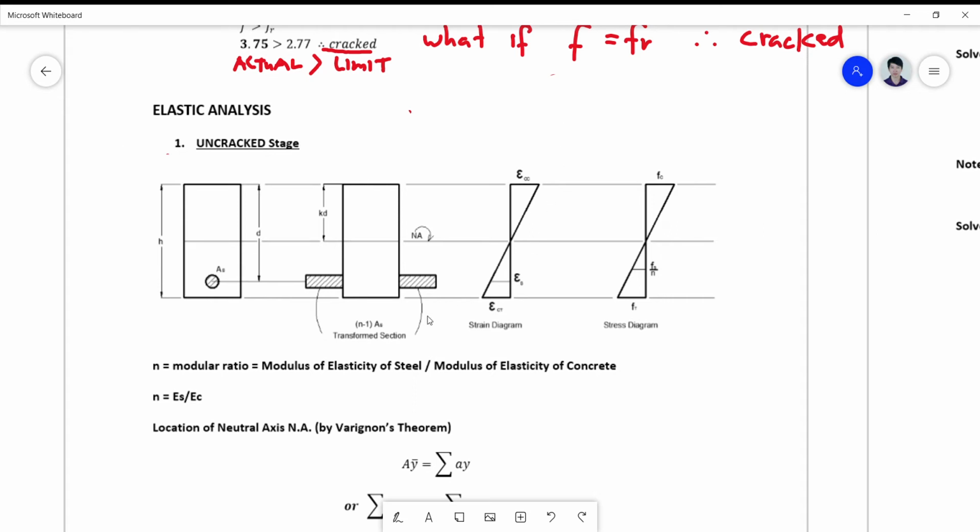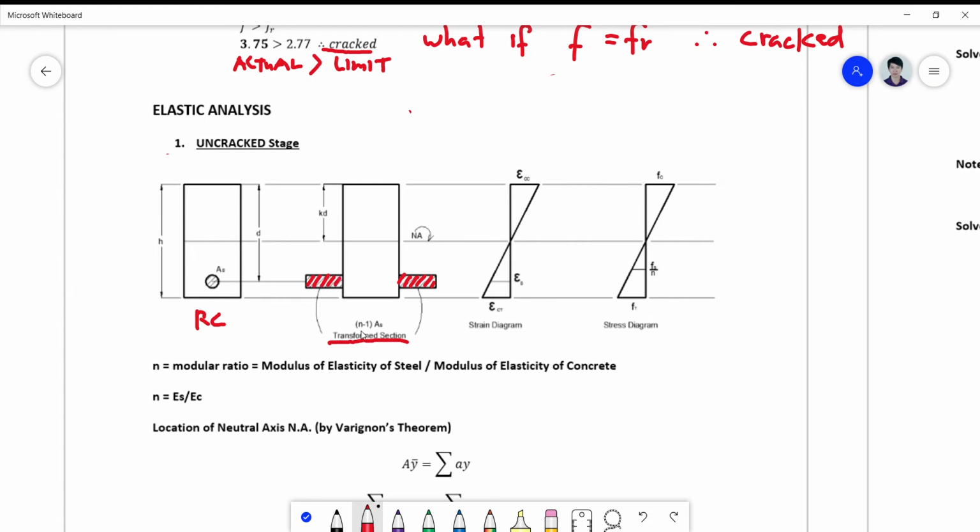And the first thing we have to do is to transform your reinforced concrete section to what you call a transformed section. So your AS now will be converted into an equivalent concrete section, which is shown here as the shaded area.